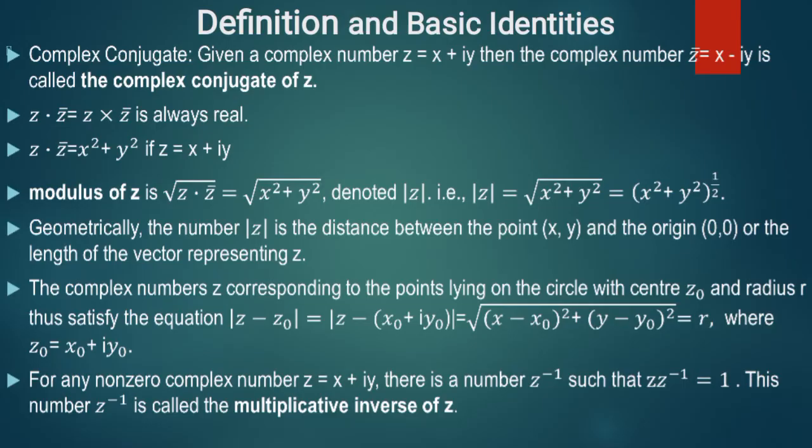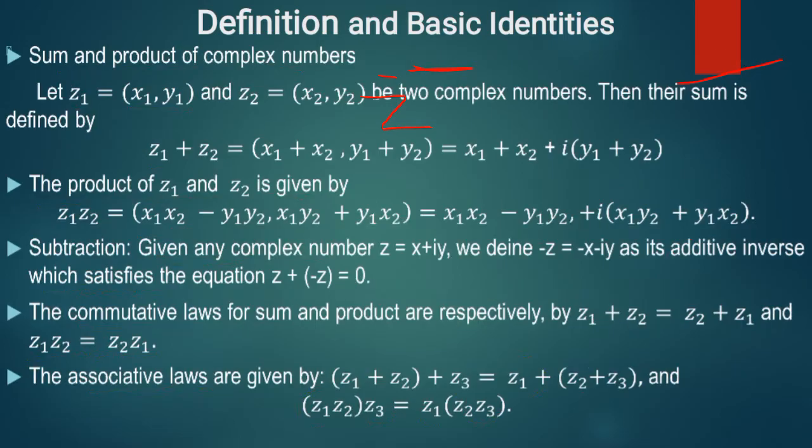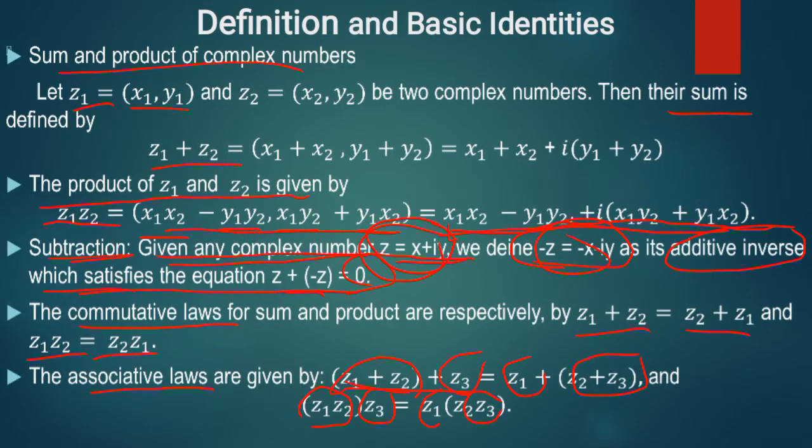The next thing you need to know is what we call the complex conjugate. So when we say conjugation, the conjugate of this complex number is this one you see here. We denote it z bar. It's called the complex conjugate. Note, it's different from the additive inverse. That's a subtraction here.